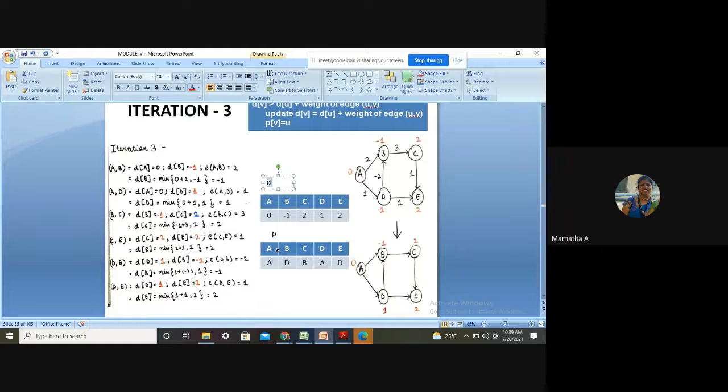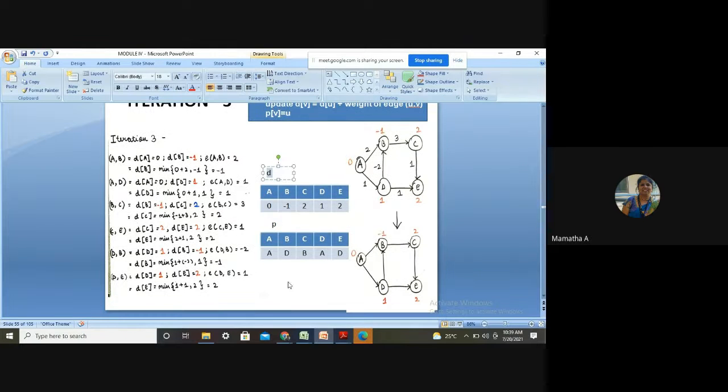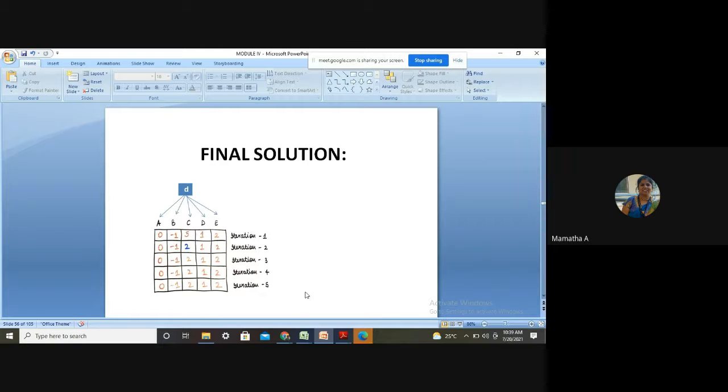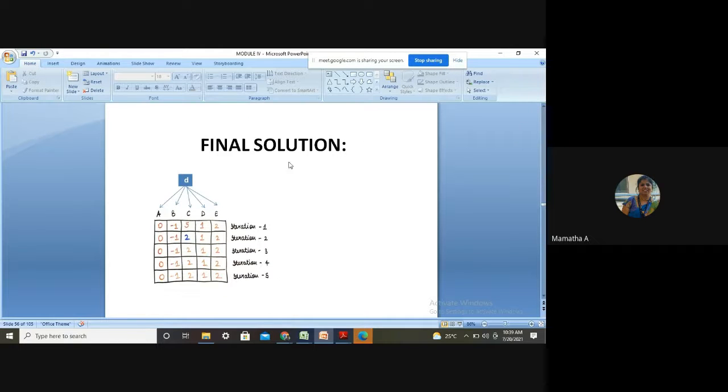Okay? So now what we should do is give the final answer, the final solution: your D array with respect to the vertices A, B, C, D, E. So you need not write iteration 4 and 5, not required. You can stop at iteration 3 and give the reason. Why did you stop at iteration 3? Because iteration 3 D values are the same as the D values of iteration 2.